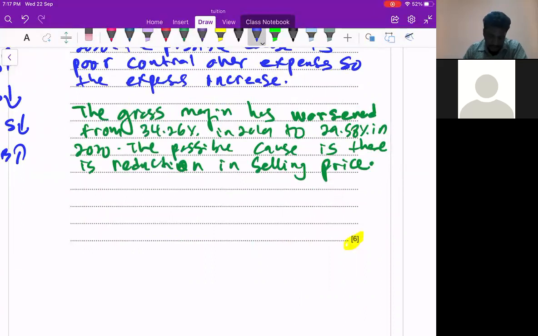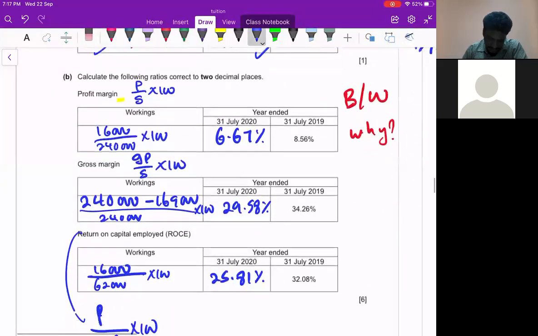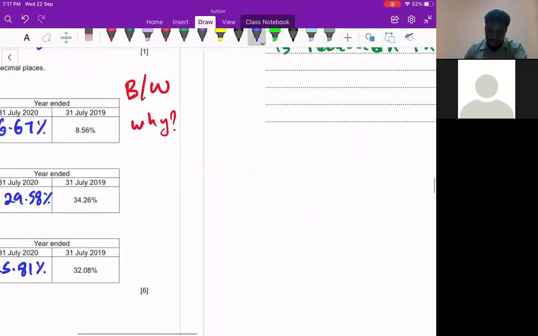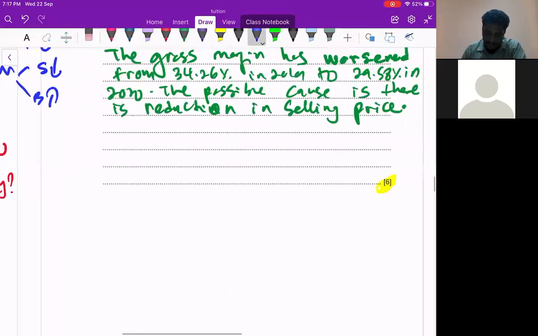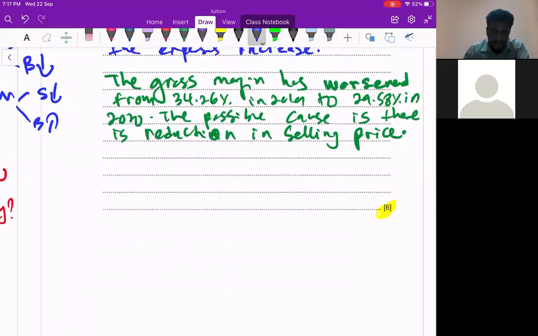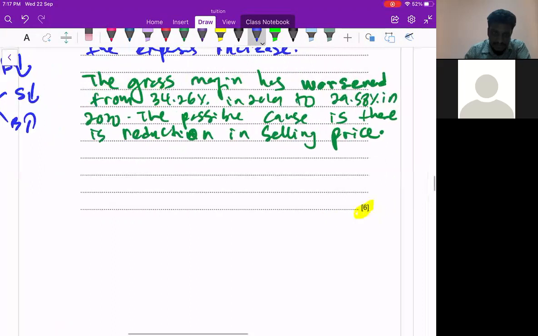Okay, the third one I want to talk about, return on capital employed. So the general first, the return on capital employed. Exam no short form, exam no short form.